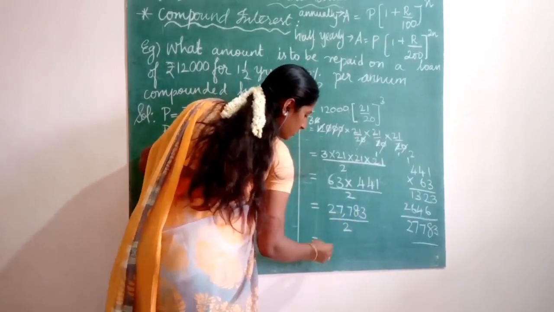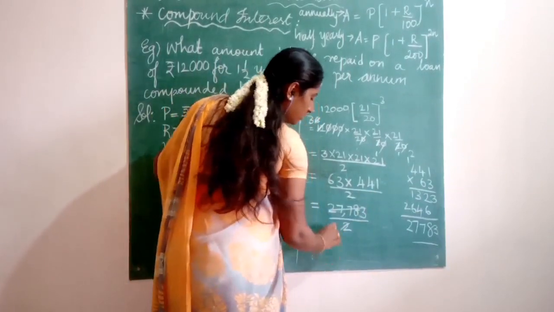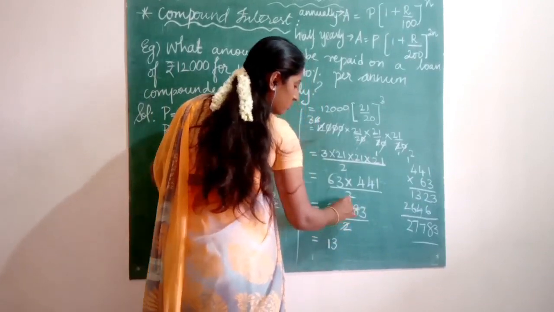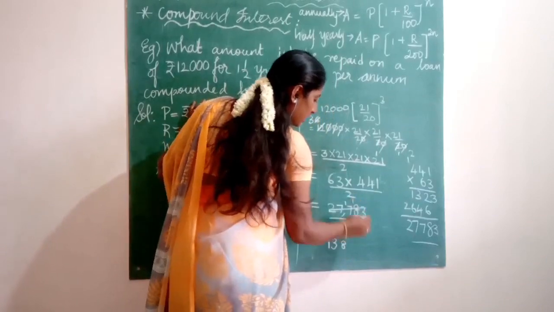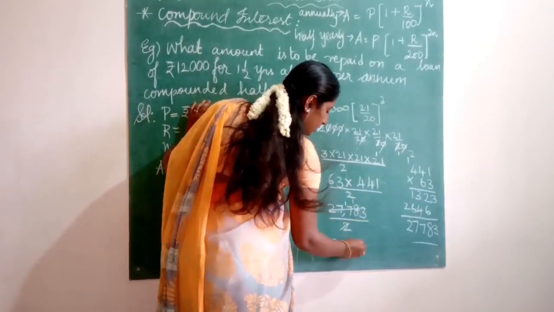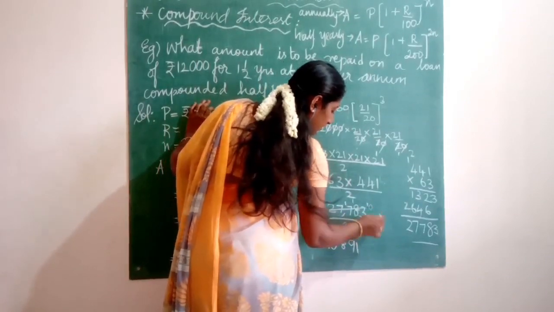So the answer will be, to cancel this, we will have 1 and 3s are 6. So 1 carried over, 8s are 16, 1 carried over, 9s are 18. Then 1s are 2 and 1 will be left out, and you will have a 0, so 0.5.